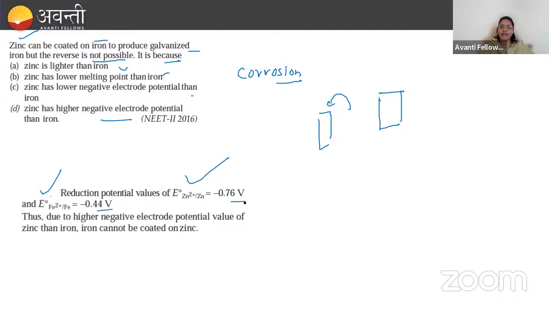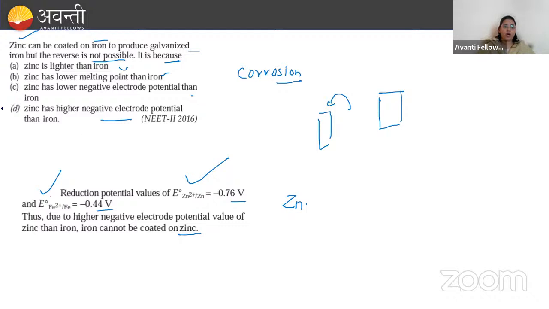So who has the highest negative electrode potential value? Zinc has the highest negative potential value, and that's why iron cannot be coated on zinc, because zinc has a higher negative electrode potential than iron.